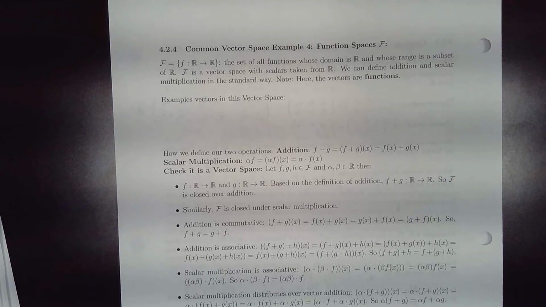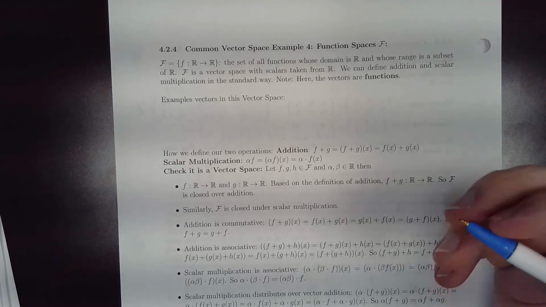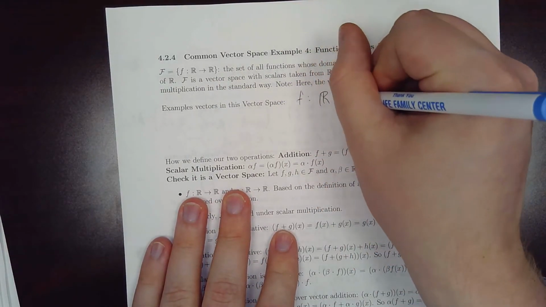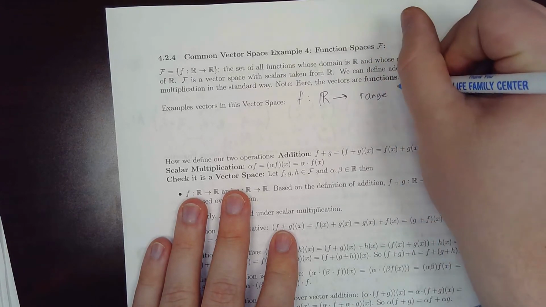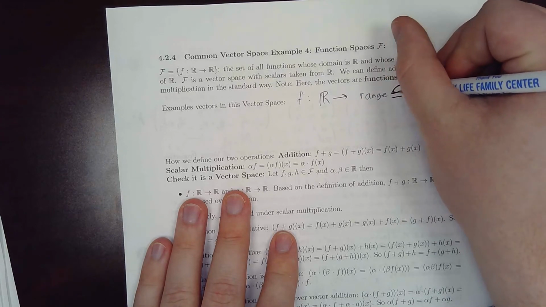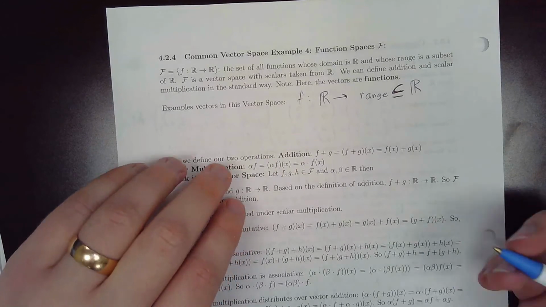We're going to define addition and scalar multiplication the way we normally do. And so anything that goes from the real numbers to some range that's a subset of the real numbers is going to be part of the function space.